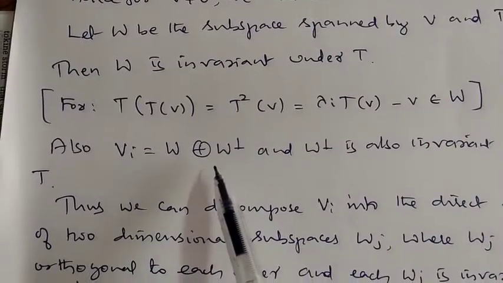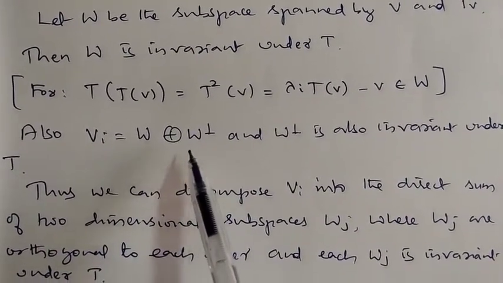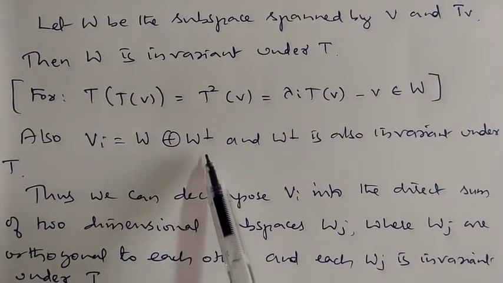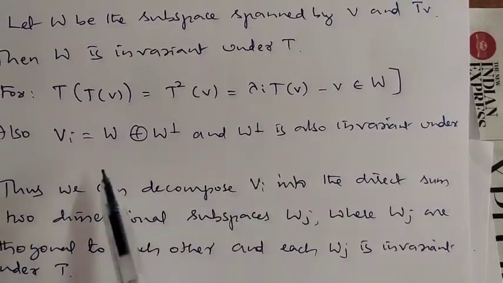Also each of these Vi is a direct sum of W plus W perp, and W perp is also invariant under T.